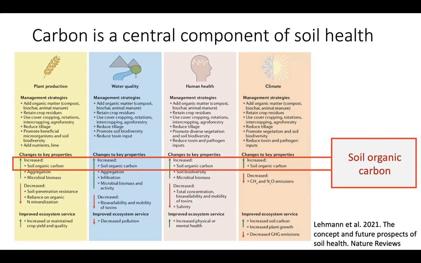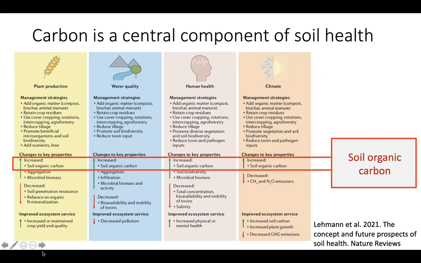And across all of these, I'm highlighting here in this red box, the common key property that's an indicator of a healthy functioning soil to attain that function is increase in soil carbon. It's not the only one, but soil carbon, in fact, if you mapped out almost every function of a healthy functioning soil, carbon would be on that list. So it's a really important, even though it's not the only one, important indicator for a healthy functioning soil.